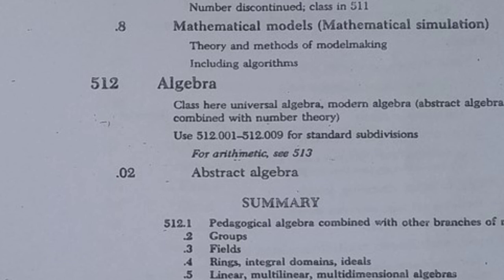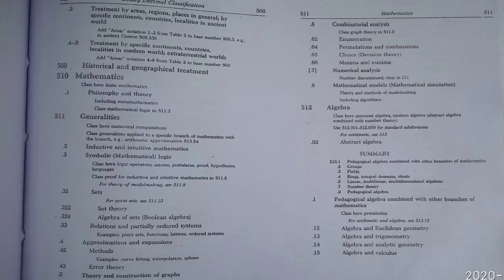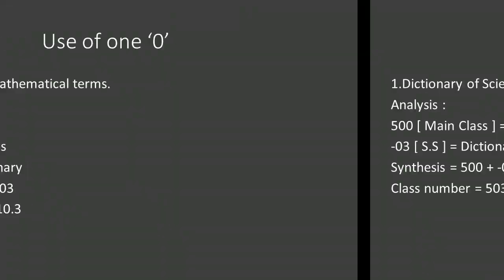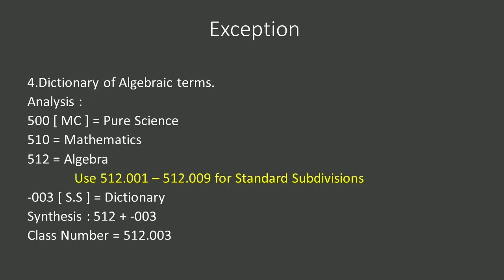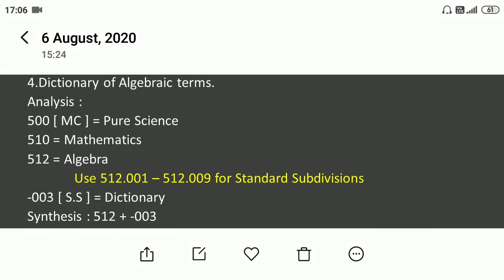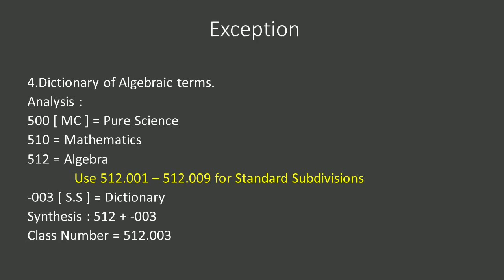That is why in these cases I have written the instruction in yellow ink, and I have used 003, not 03 only. 03 for standard subdivision, and I have written dictionary, and synthesis 512 for algebra plus dash 003 for dictionary, and the class number will be 512.003.